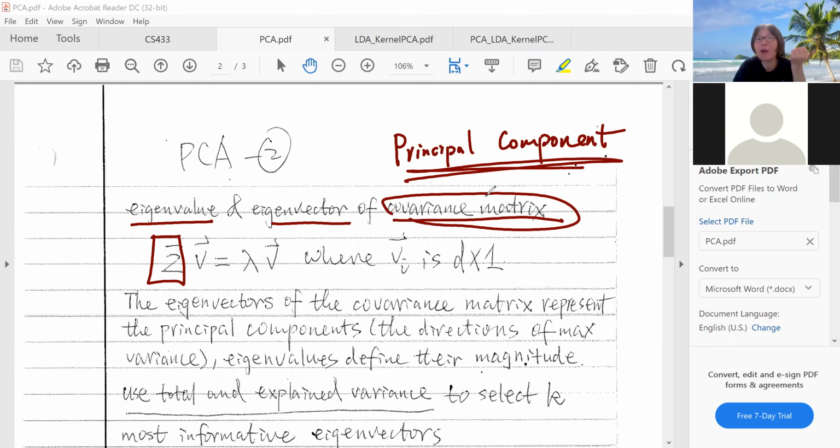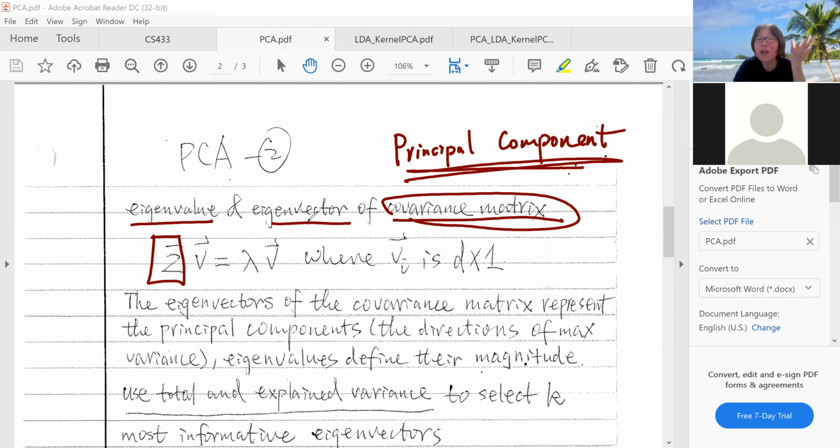So this is about eigenvalue and eigenvector. I believe it's from your math, some advanced calculus. It's quite comprehensive, so we are not going to discuss more about eigenvalue and eigenvector.